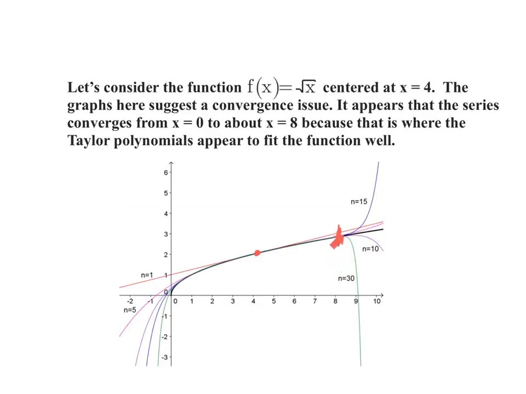from that function. What that means is that the Taylor polynomial will converge here, which is between 0 and 8. So we've got a convergence to the function square root of x. But after 8, your Taylor polynomials are going to start deviating away from square root of x.